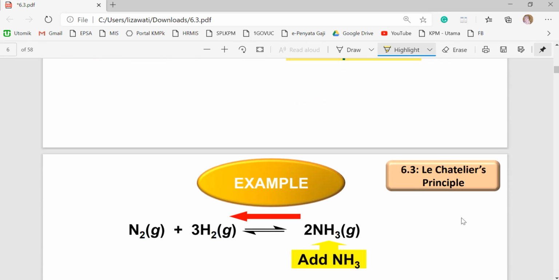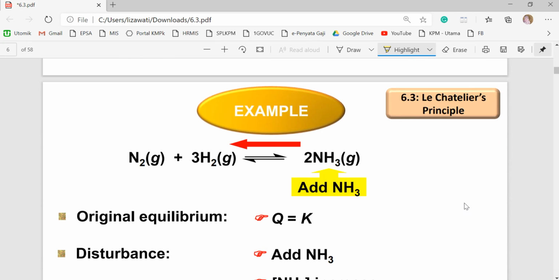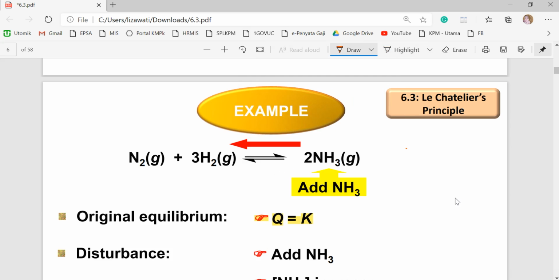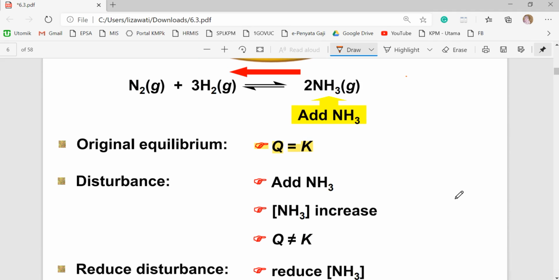For example, the system has already achieved equilibrium, where Q is equal to K. Then more NH3 is added into the system. What would happen next? The concentration of NH3 will increase, and this will make Q not equal to K, which means the system is not at equilibrium anymore.